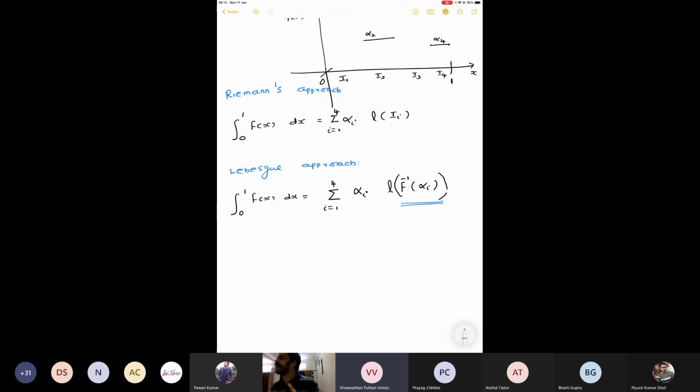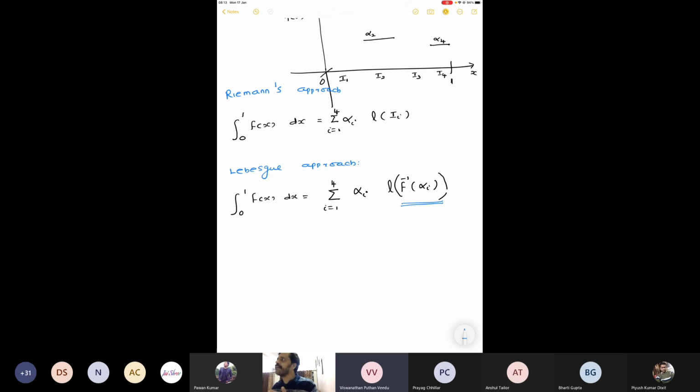Therefore, Lebesgue started by studying length for arbitrary subsets of R. To be precise, a generalized version of length for arbitrary subsets of R. And he called it measure. And that was the starting point of rigorous measure theory.